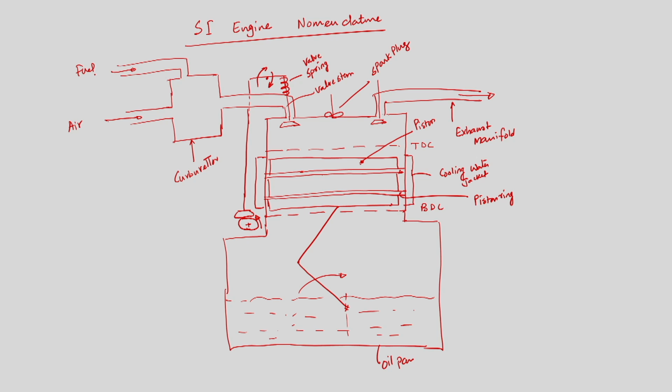So air and fuel come to the carburetor and are mixed there, because as I said, in an SI engine normally the air-fuel mixture is introduced into the cylinder in a gaseous form.